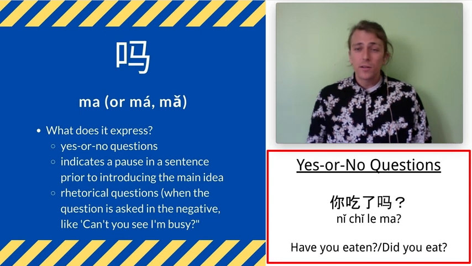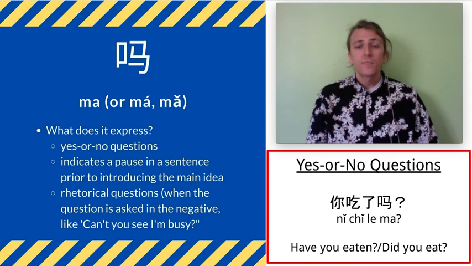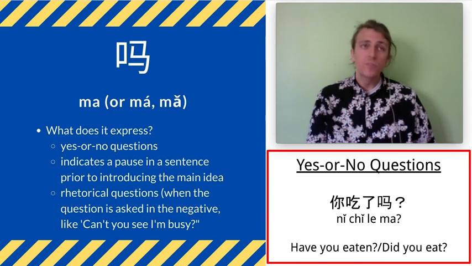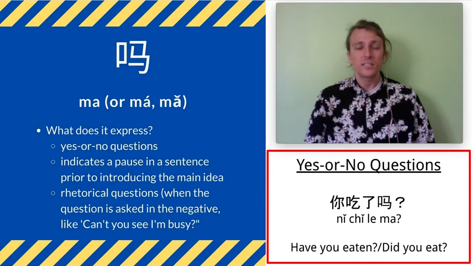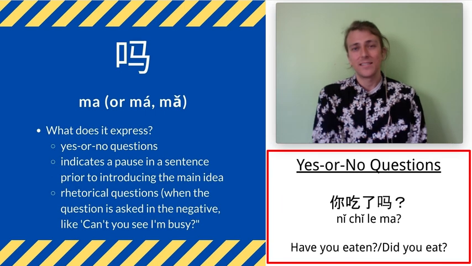So if you hear ma at the end of a question, that usually means that it's a yes or no question, almost always. So 你吃了吗? 你吃了吗? That means did you eat or have you eaten? The tense isn't so important in this case, but 你吃了吗? This example question is also a useful greeting in Chinese.